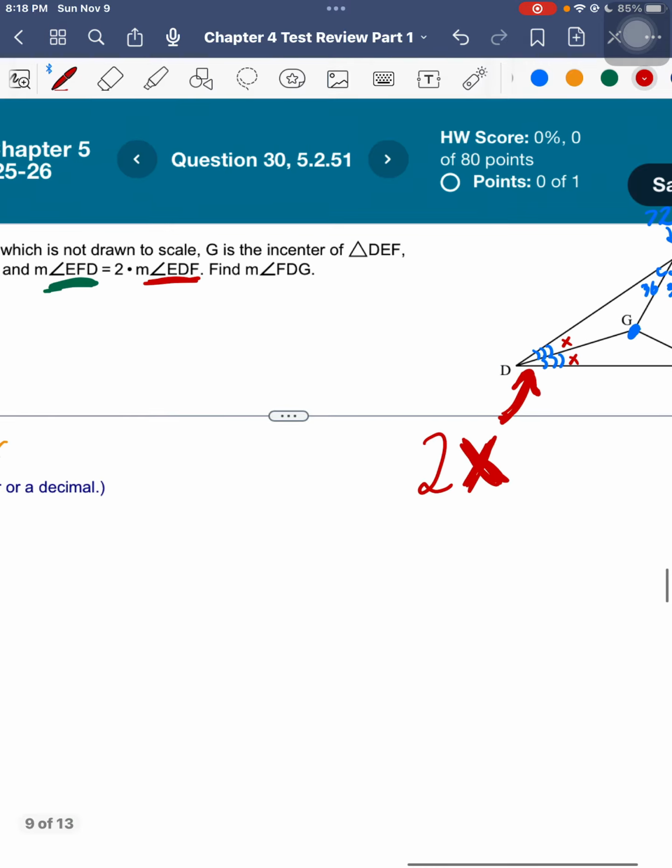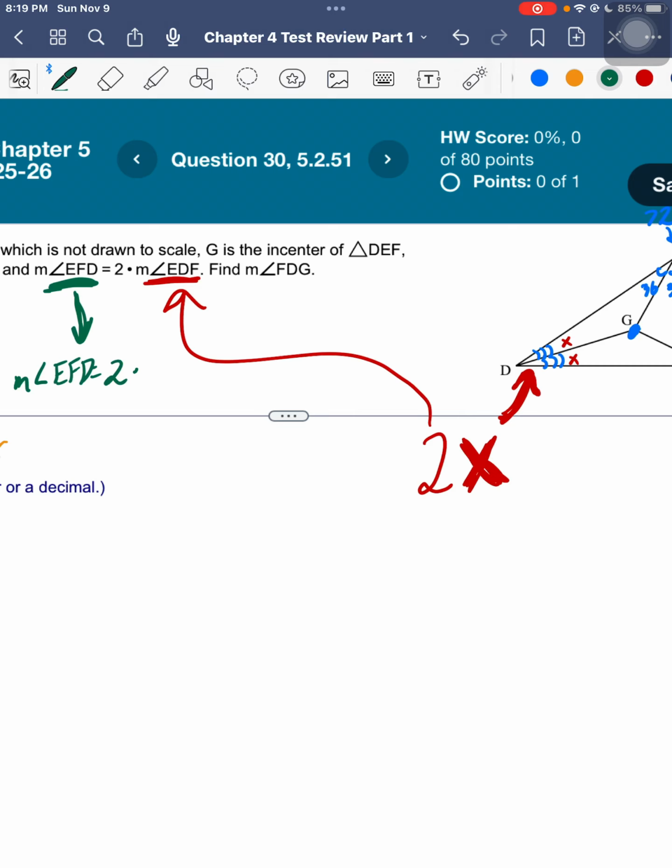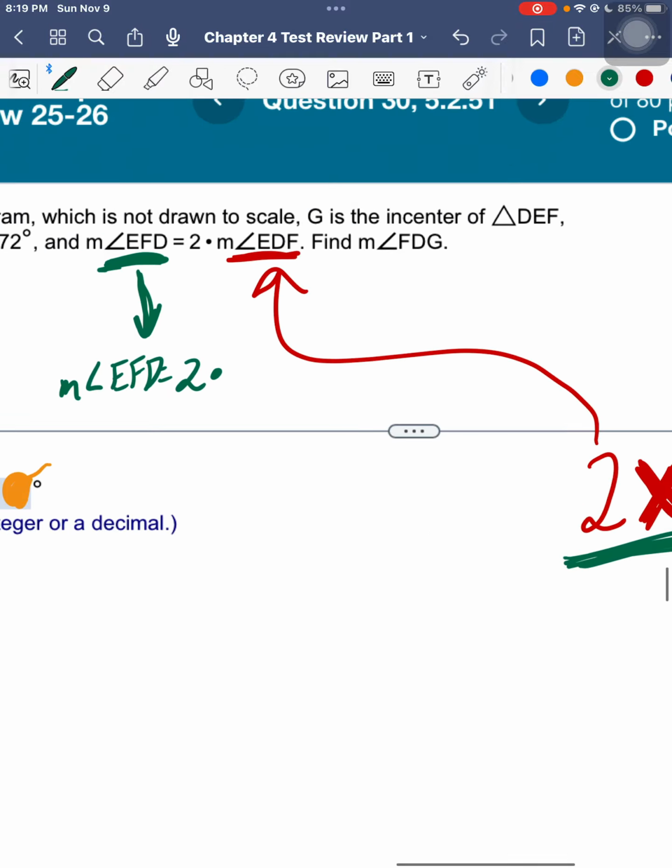Now, if this EDF has a value of 2x, then what is the value of this EFD? Well, I know that EFD is equal to 2 times the measure of EDF. And what did we just give the value of EDF? We gave it 2x. So we're going to have to substitute this 2x for EDF.